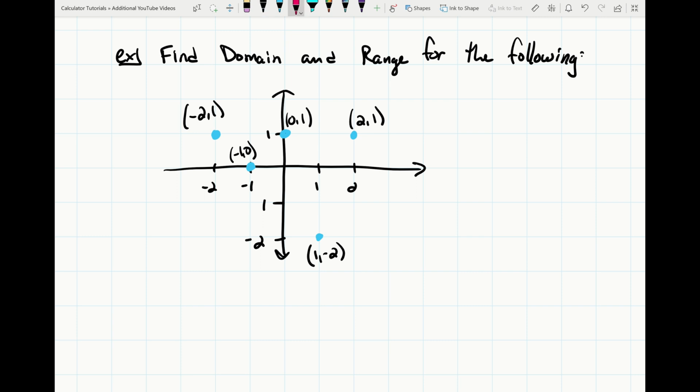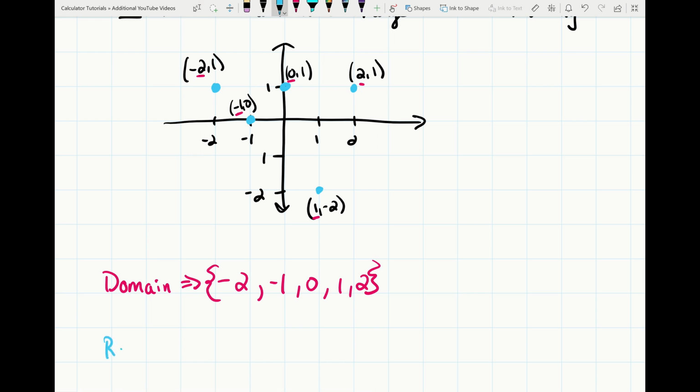And if I go through each ordered pair, I can quickly find my domain by saying, well, it's going to be all the x components of the ordered pair. So it's going to be -2, -1, 0, 1, and 2. And then all my range are going to be 1, 0, and -2.